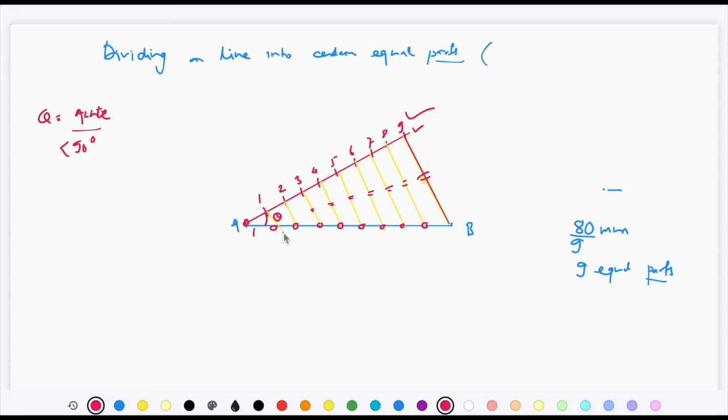So first, second, third, fourth, fifth, sixth, seventh, eighth, and 9 division. And if you measure the length of every segment, the length of all those segments is going to be the same. So your line will be parted into 9 equal divisions.